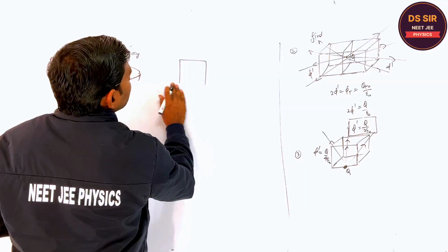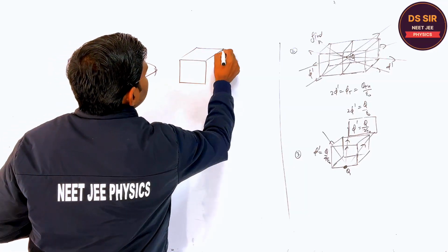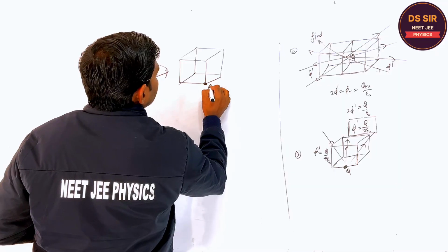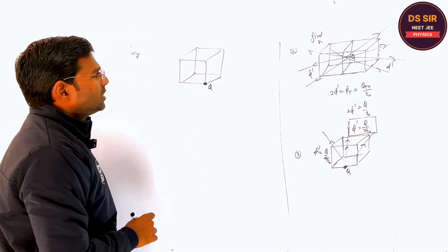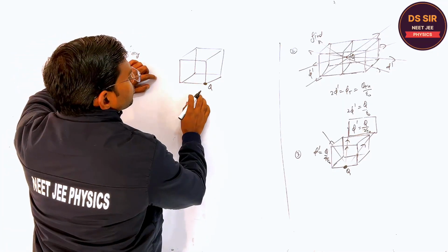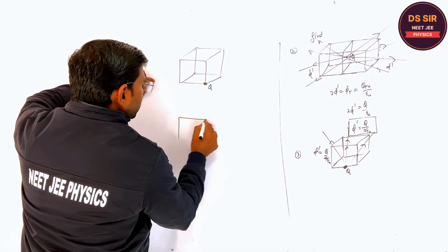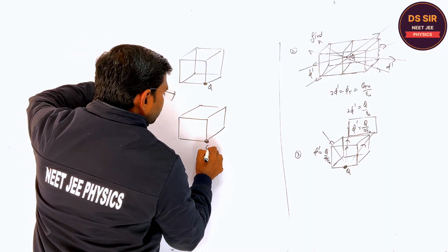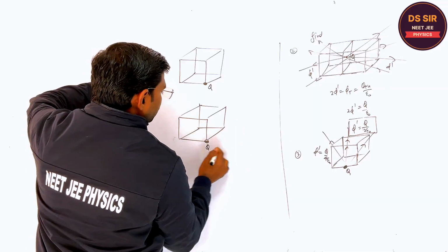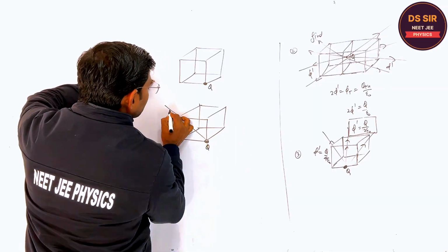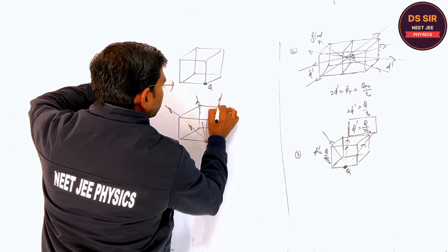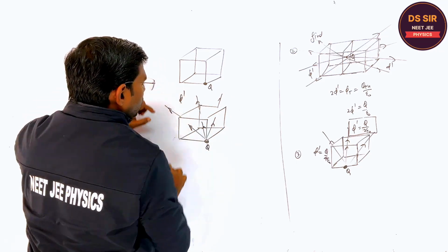Okay, so in the next example, we will put the charge on one corner at this side. Then what is the electric flux linked with this cube? How to find? Suppose this is the one cube, and the charge is placed over here. The flux linked with this cube is phi dash.